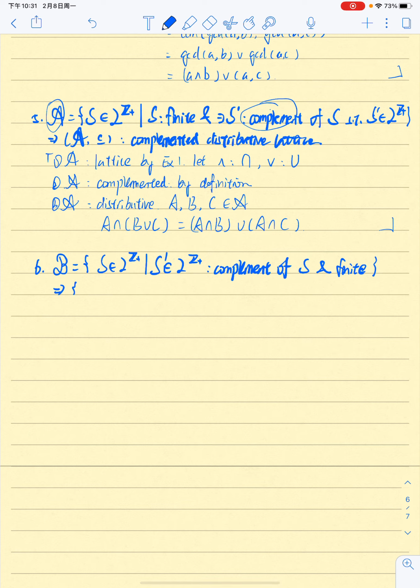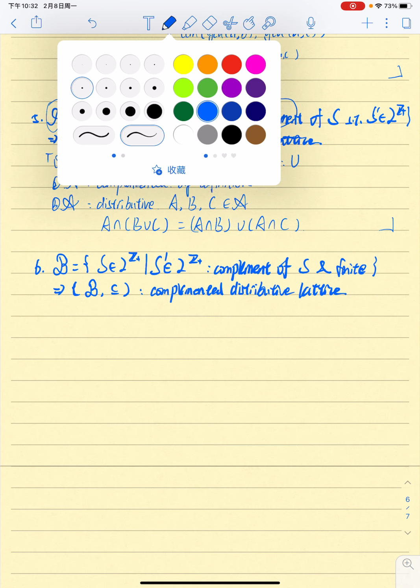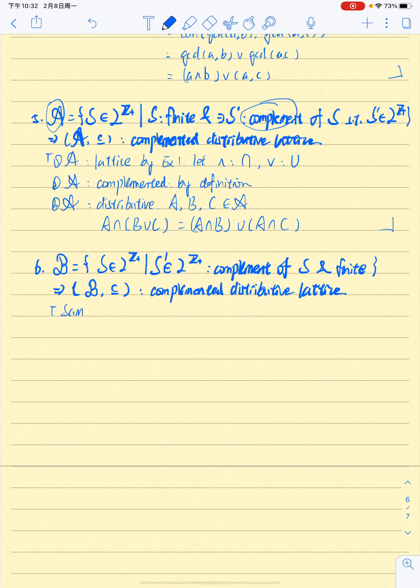Then the collection under inclusion is a complemented distributive lattice. That is. Okay, this proof is the same as example 5.